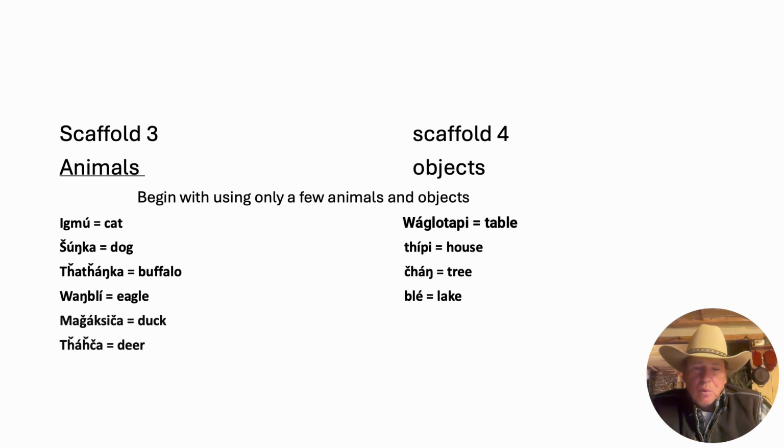I'm just using 4. So waglotape, a table. And there's different ways to say table, so choose whichever one you want. Tipi, a house. Cha, tree, and ble, lake. So scaffold all of these before you start the activity. Make sure that they have all these words down.